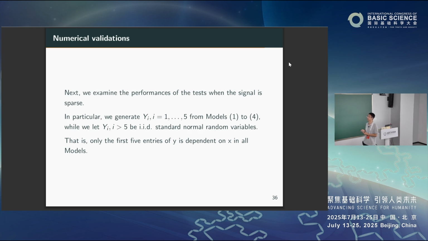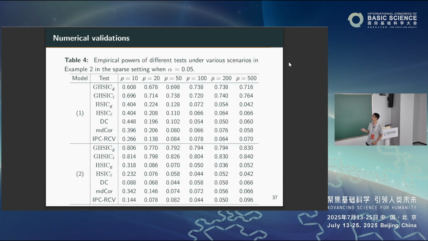We also examine the performance of our method when the signal is relatively sparse. We consider the aforementioned four models, and we let only the first 5 entries of y be dependent on x in all four models. We can see that when the dependency is relatively sparse, the power of our method degrades compared with the dense cases.